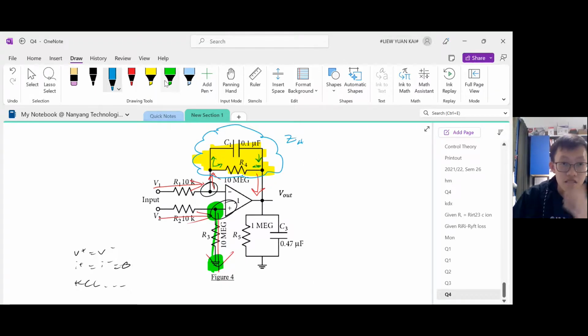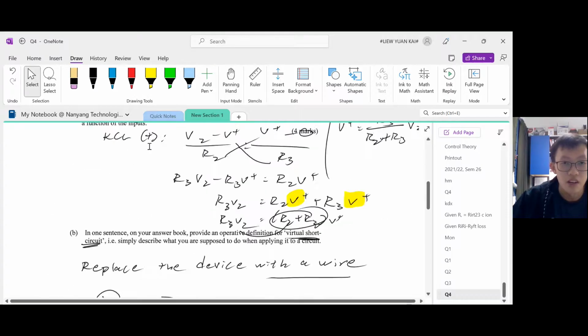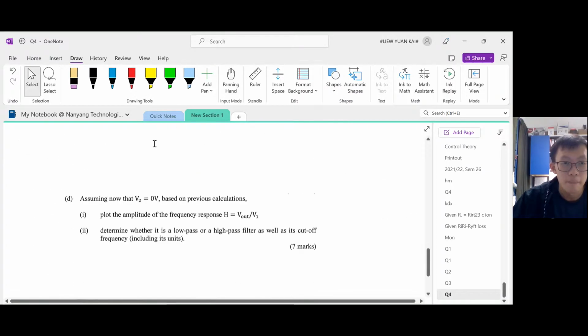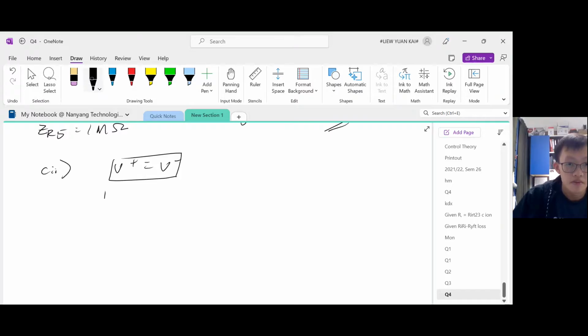Now let us do a KCL at V minus. The current going in starts at V1 and ends here, so it is V1 minus V minus, divided by R1.